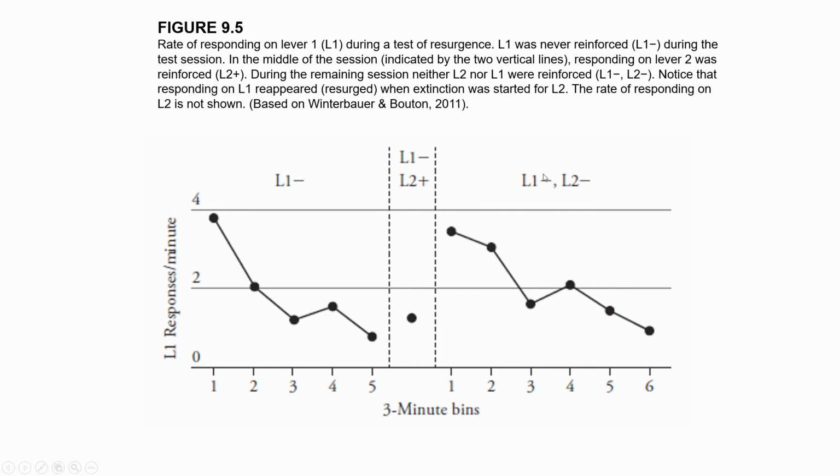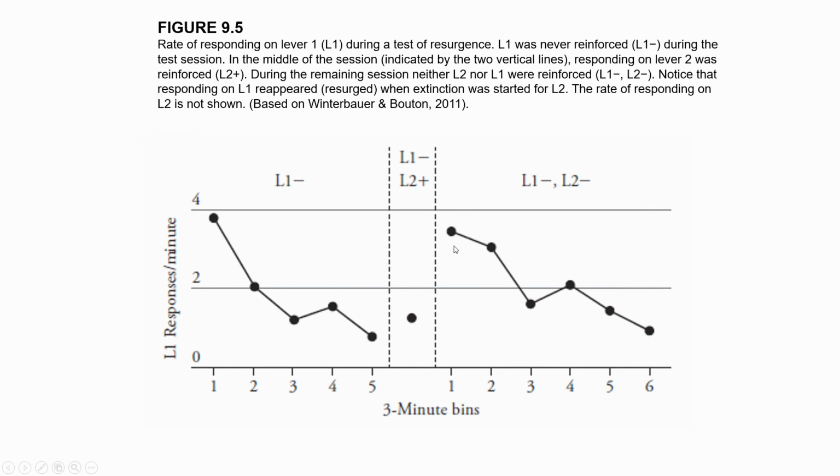Then we enter stage 3, where lever 2 is now put on extinction. So in phase 1 and phase 2, lever 1 never gave reinforcement, so rates of responding stayed fairly low. But when we started to put lever 2 through extinction, the rats tried a different behavior. They went back to pressing lever 1. So our rates of responding went back up again.